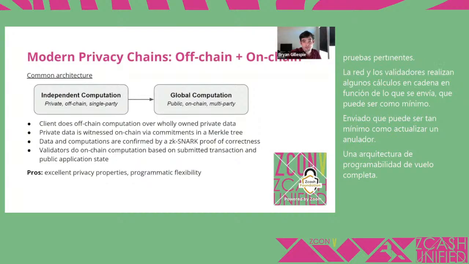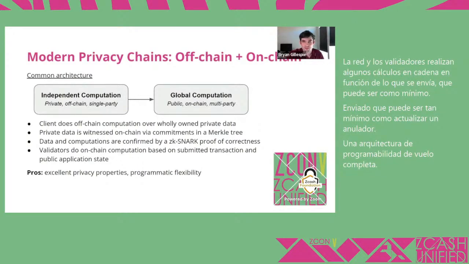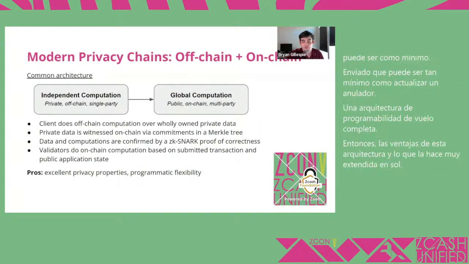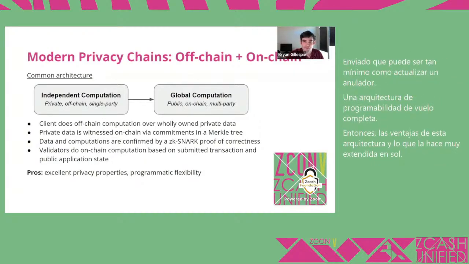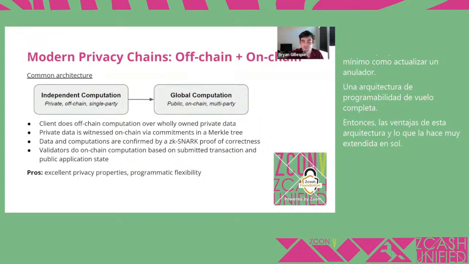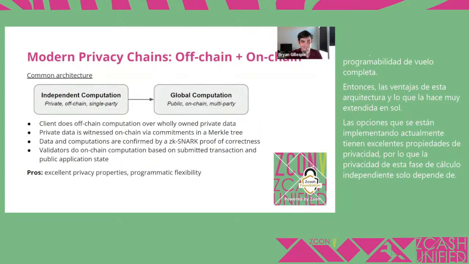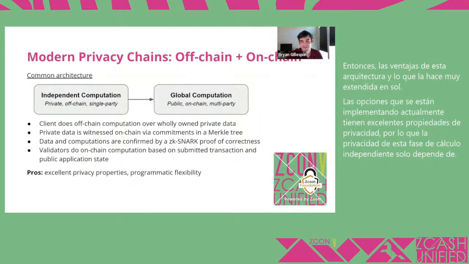The pros of this architecture, and what makes it very widespread in solutions that are currently being deployed, are excellent privacy properties. The privacy of this independent computation phase only depends on the individual security of the client node that is doing the computations, and has nothing to do with the network overall.